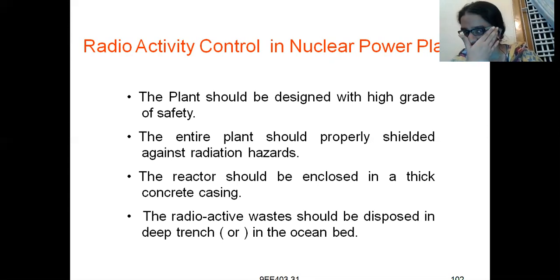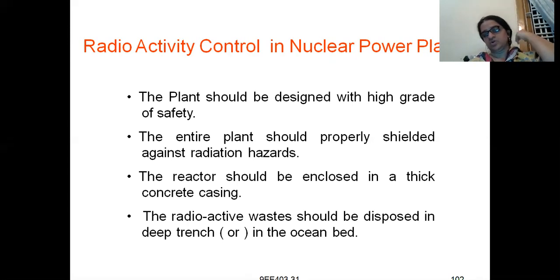This all should be done, because if we are unable to shield properly, then definitely these radiations will travel into the surrounding places of the nuclear power plant.